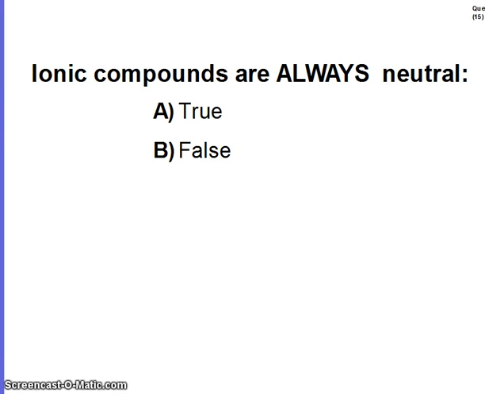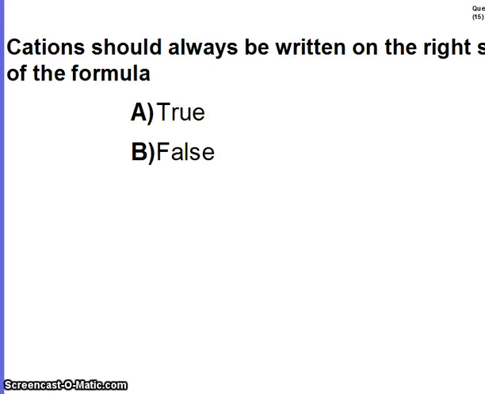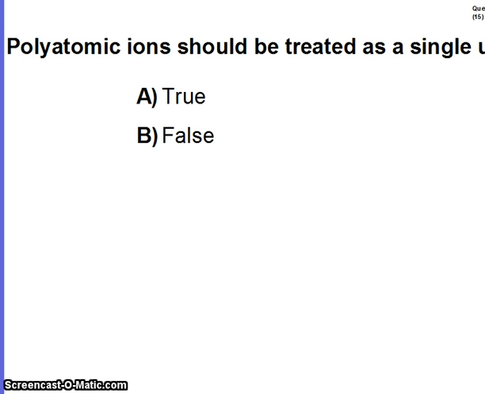Ionic compounds are always neutral. True. That's the whole reason why we have to do crisscrossing to get their formula. Cation should be written on the right. That is false. The cation always goes on the left. Polyatomic should be treated as a single unit. That is true.